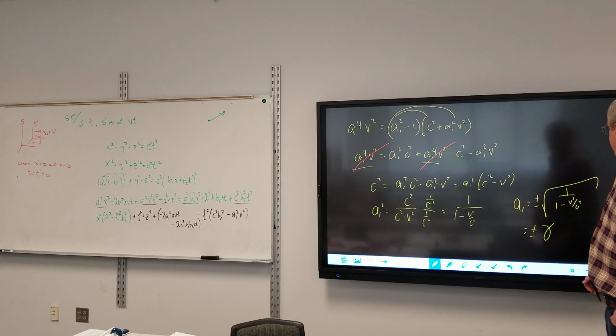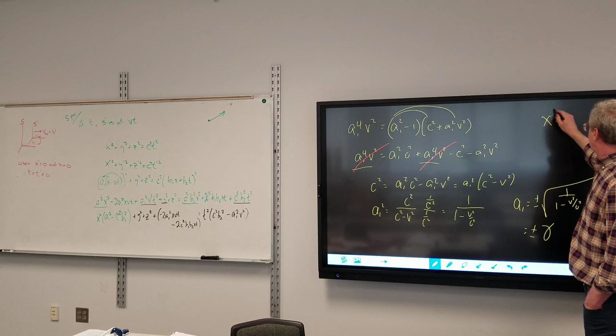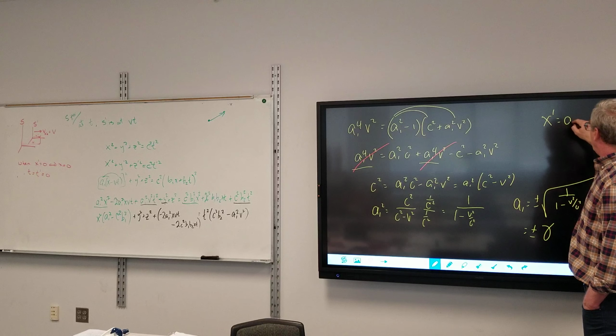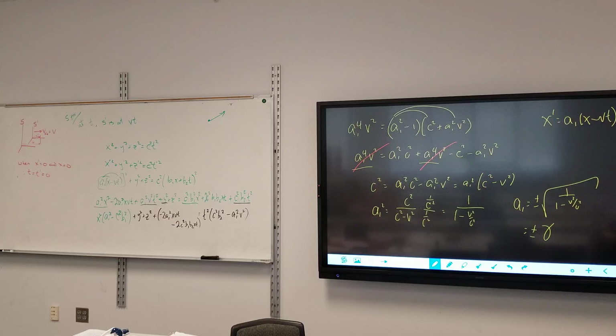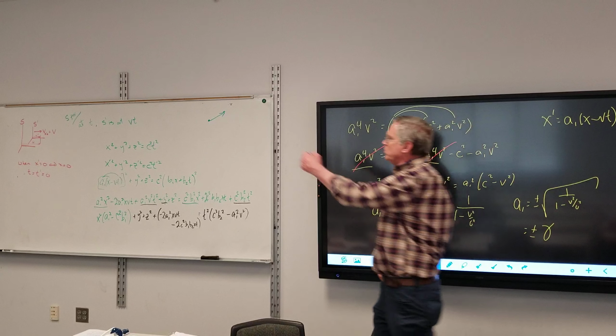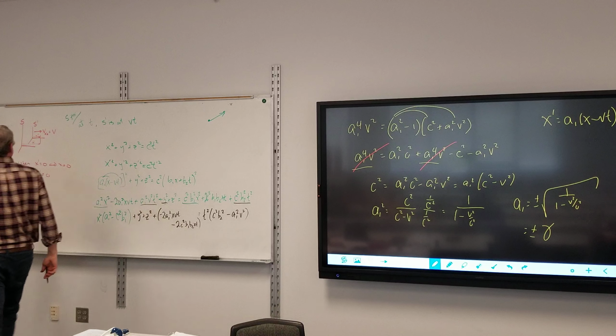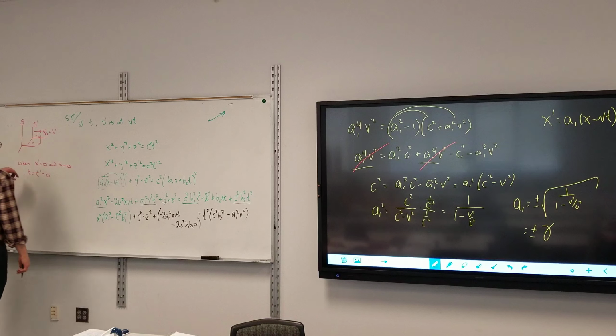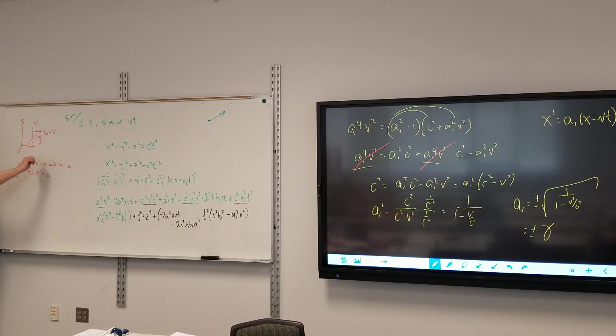So we had x prime equal to a1 (x minus vt). If I have an object moving to the right, and some event x prime that is still to the right of s prime, and I have x to the right of s, where x is equal to 0 for s, these both have to be positive.